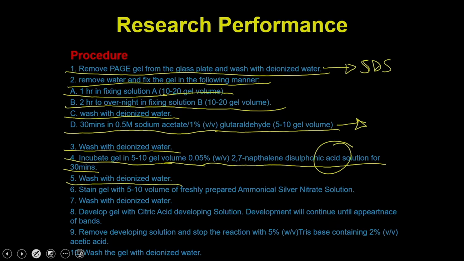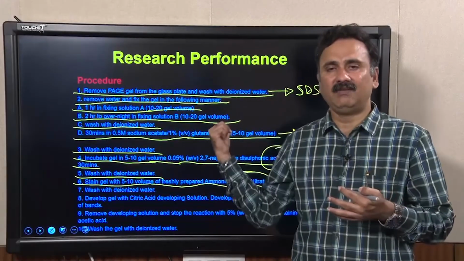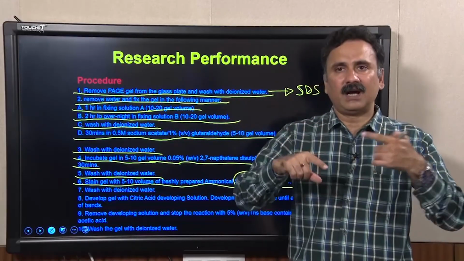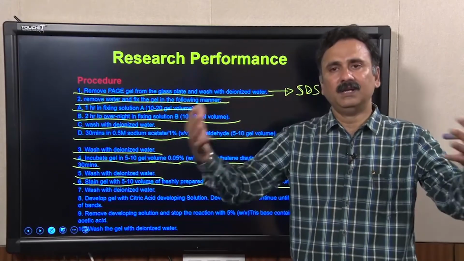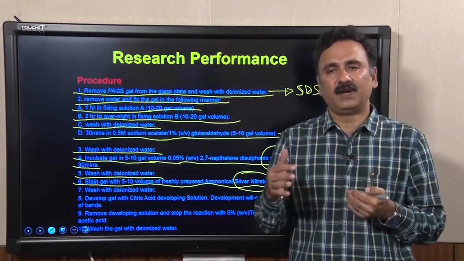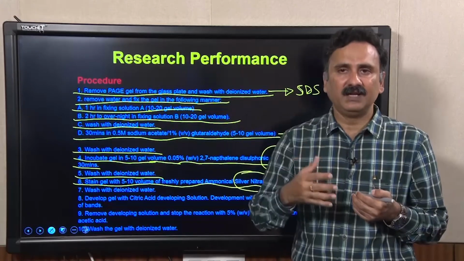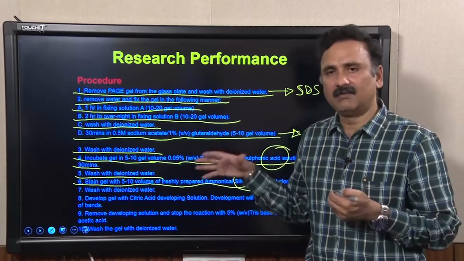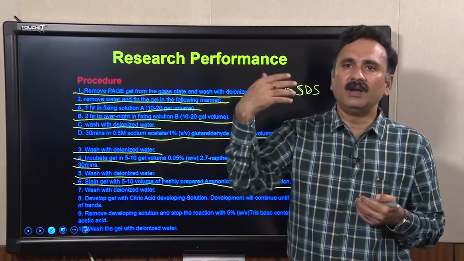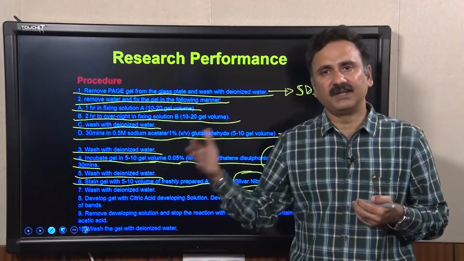Then you wash with deionized water, and then you stain the gel with freshly prepared ammoniacal silver nitrate solution. Because you have treated the proteins with the activating buffer, the proteins are now going to accept the silver atoms. As a result, the silver present in the silver nitrate solution will precipitate wherever the protein is present.